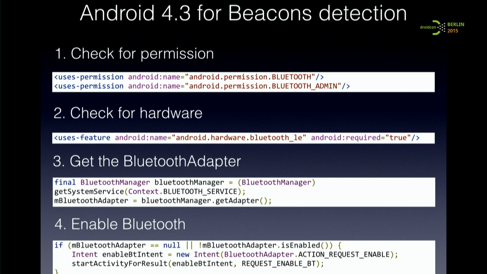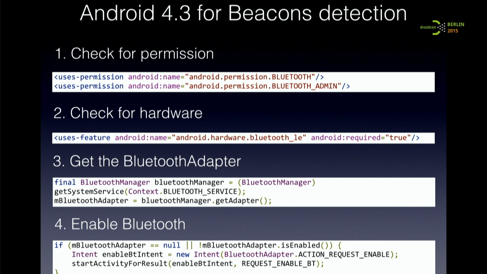And if required is false and your application uses BLE, you should manually check if the device supports BLE, and if not, you need to disable and say that you are disabling BLE support and BLE features.